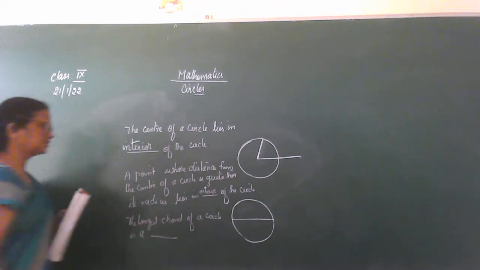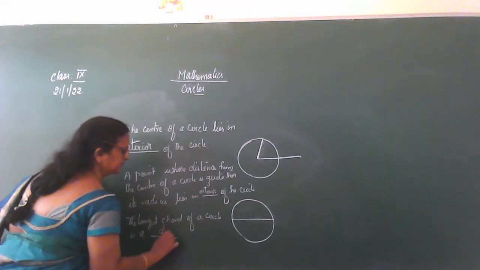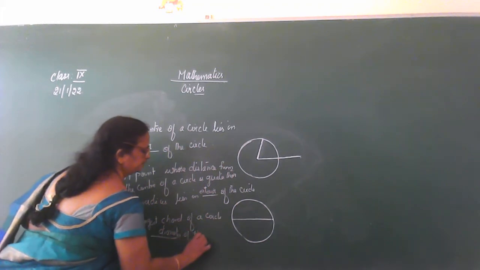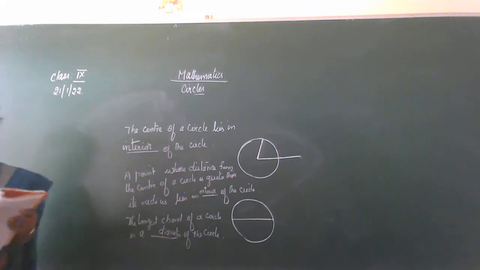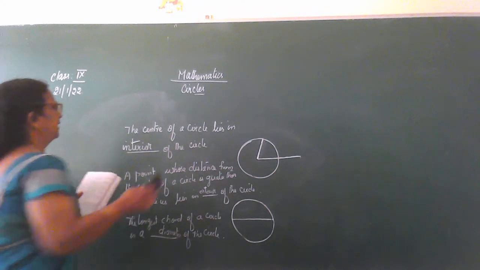So the longest chord of a circle is a diameter of the circle. The longest chord is nothing but the diameter.